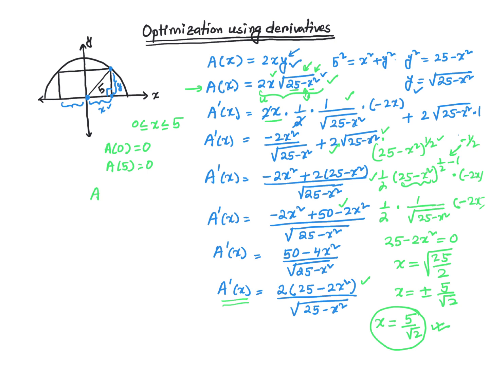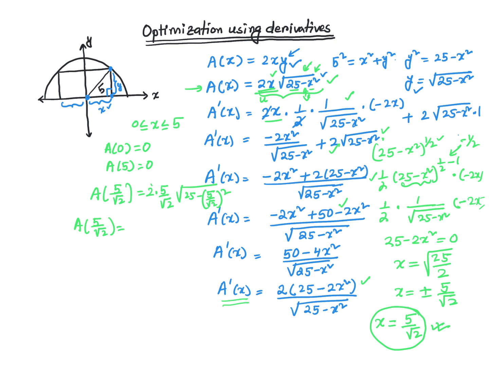So I need to find A of 5 over square root of 2. That's going to be 2 times 5 over square root of 2, 2 times x, times square root of 25 minus (5 over square root of 2) whole squared.